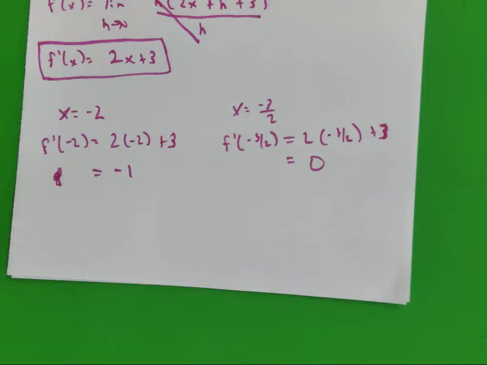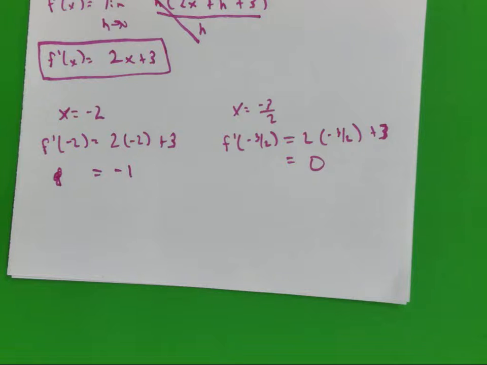What do you think is going on if I get an answer of 0? It's turning, like a local max or min. You know how they have the hills and valleys? If you have 0, that means that's at a local max or min. Does that make sense? Let's graph just to show you.